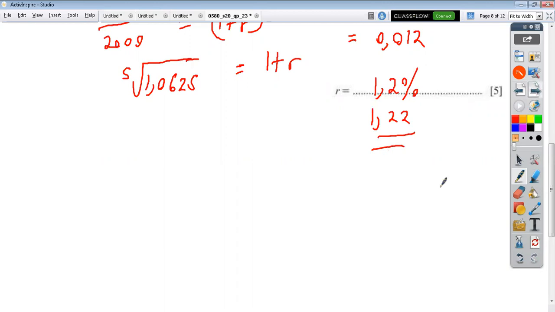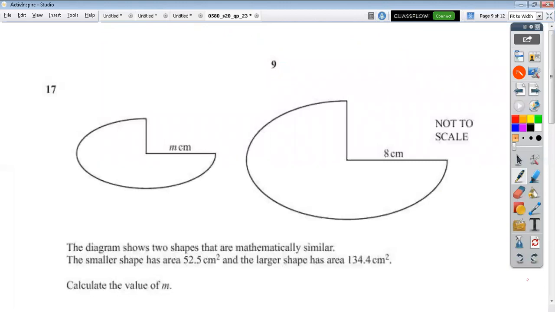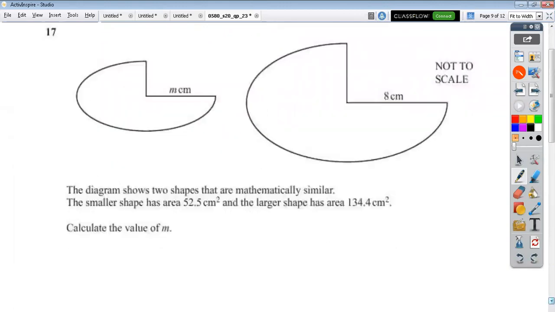Yes, sir. Now we've got that shape. The diagram shows mathematically similar shapes. Remember, I've been talking about mathematically similar. The smaller shape has an area of that, and the larger shape has an area of that. Oh, what a question. Find M. Nice question.